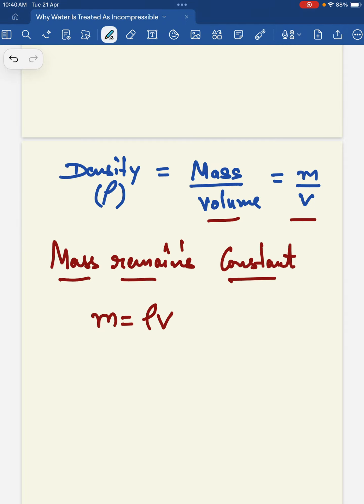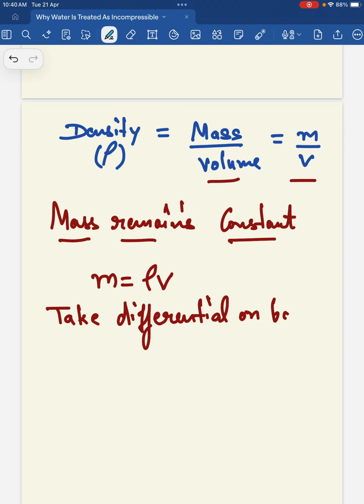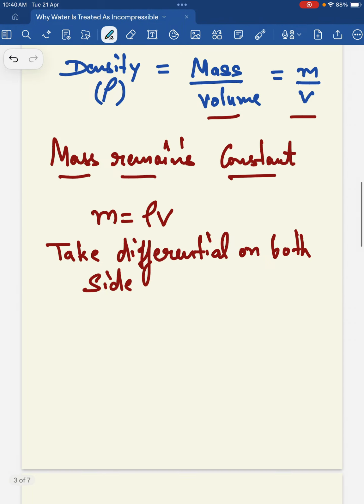Since mass is constant, take differential on both sides. What will you get? That is dm is equal to rho dv plus v d rho.